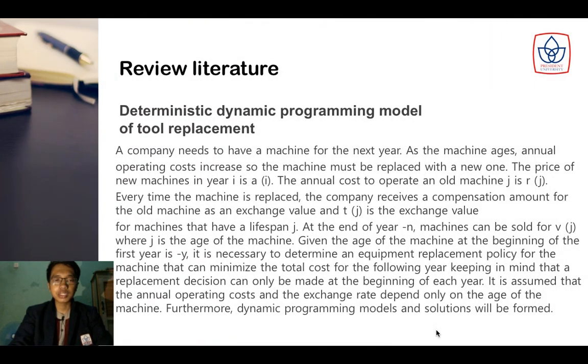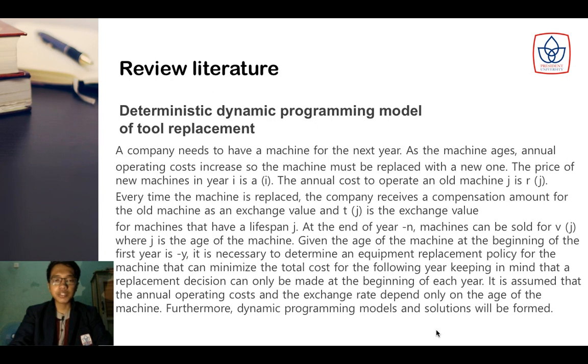Review literature. Deterministic dynamic programming model of a tool replacement. A company needs to have a machine for the next N years. As the machine ages, annual operating costs increase, so the machine must be replaced with a new one.